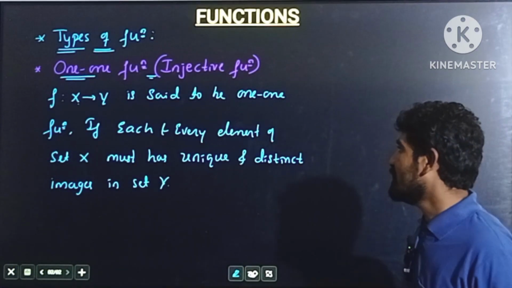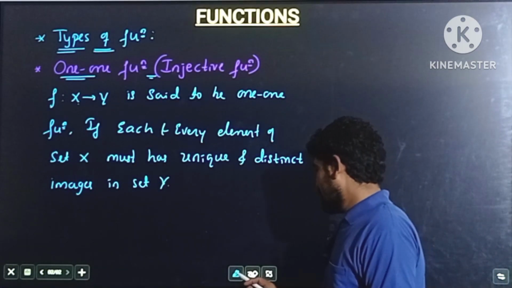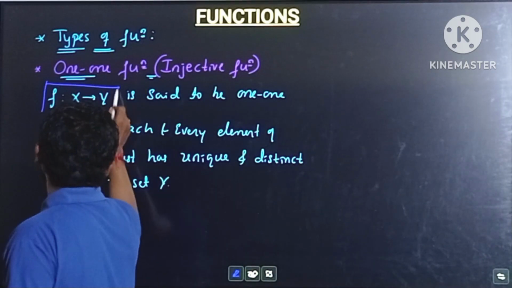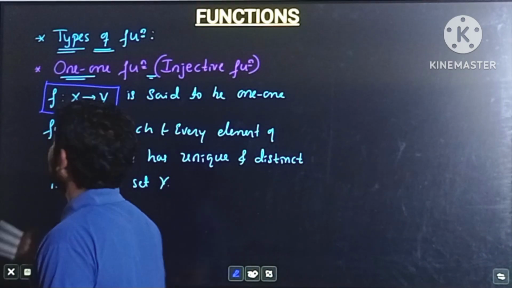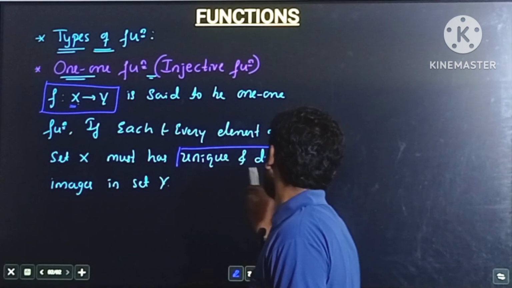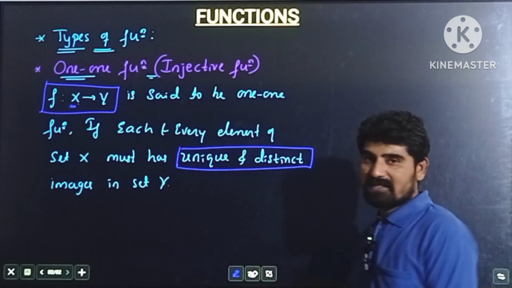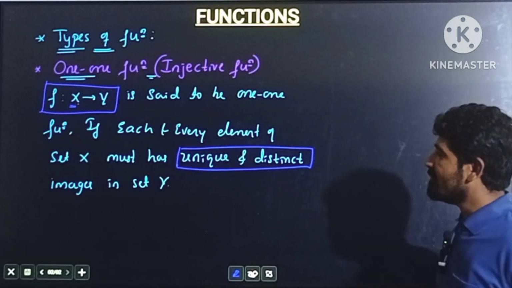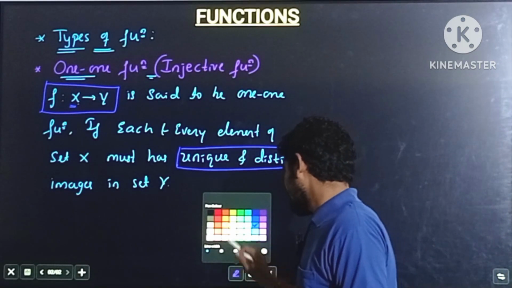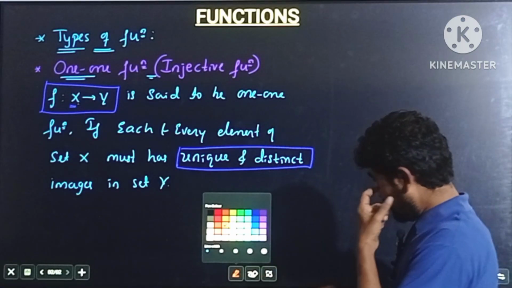Hope all of you understood. Any function f is said to be one-to-one if each and every element of the first set has unique and distinct images. First, I'm going to consider an example to understand this.